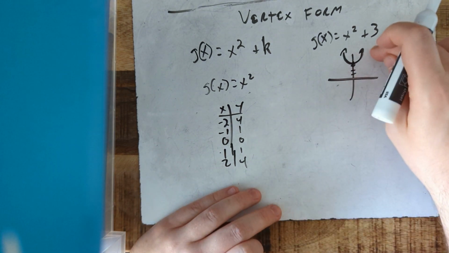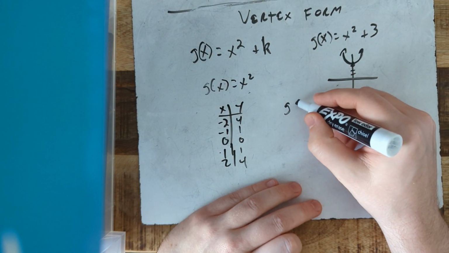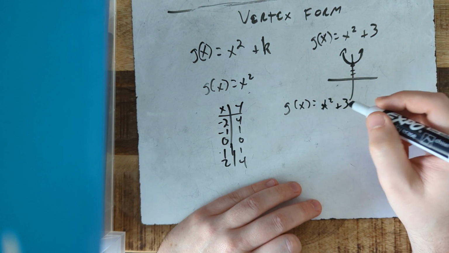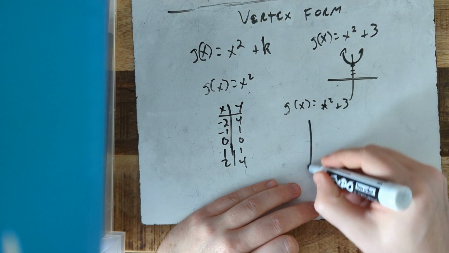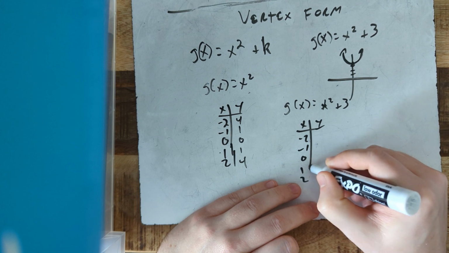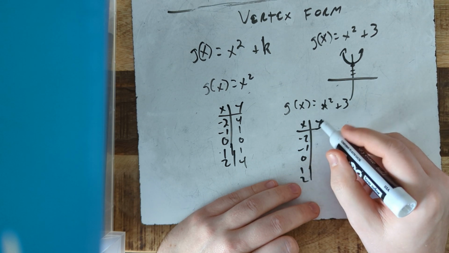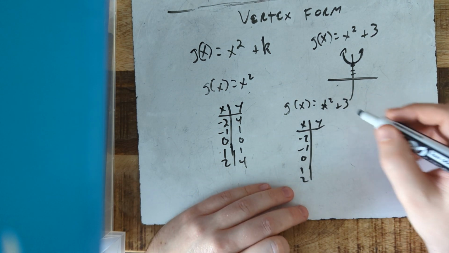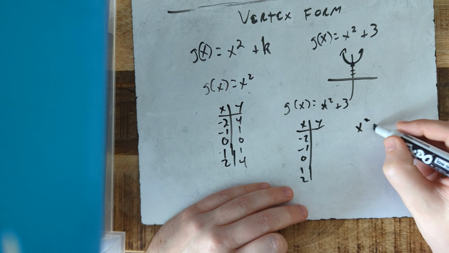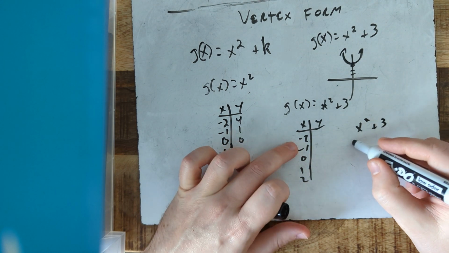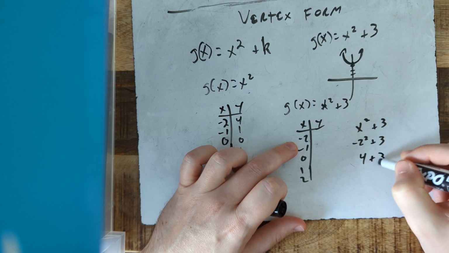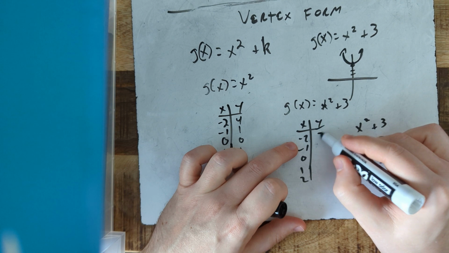Now if we compare that with our new shifted graph, g of x equals x squared plus 3, if we did the t-table for this, x, y, same x's, but now our y, if we were to do the math for this, x squared plus 3, so instead of x we're using -2, so -2 squared plus 3. -2 squared is 4, plus 3 is 7, so our y would be 7.